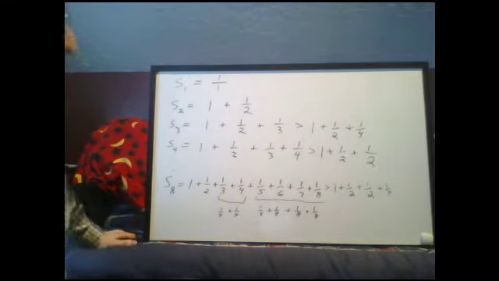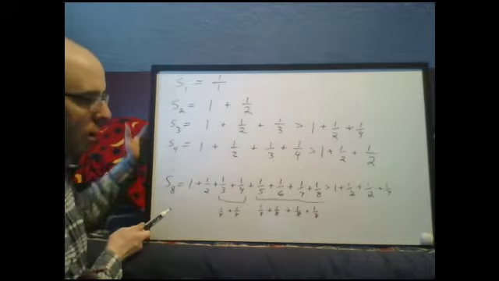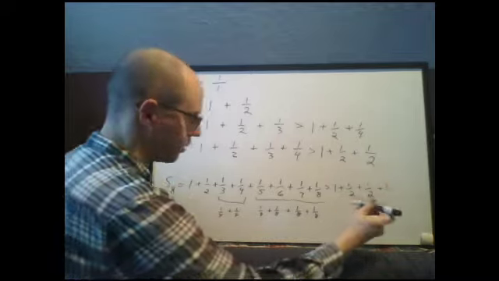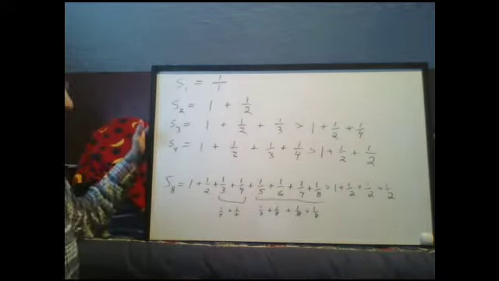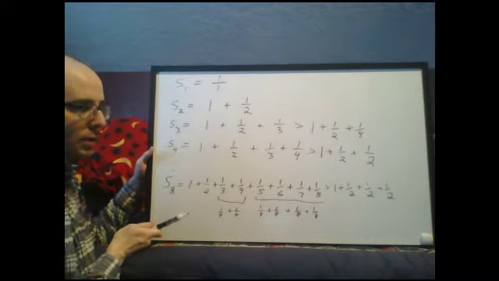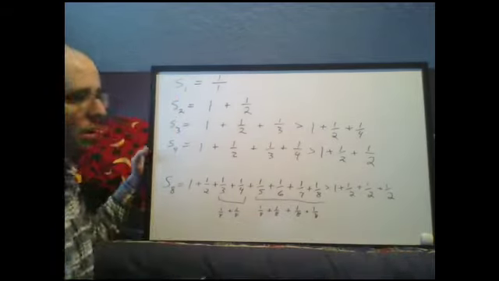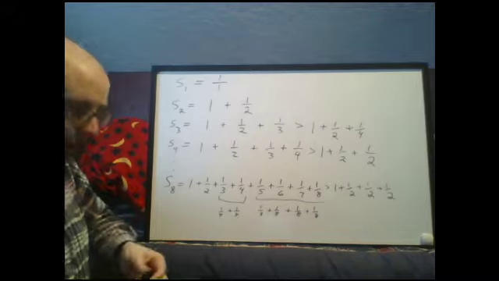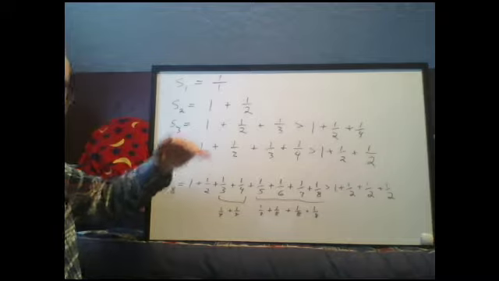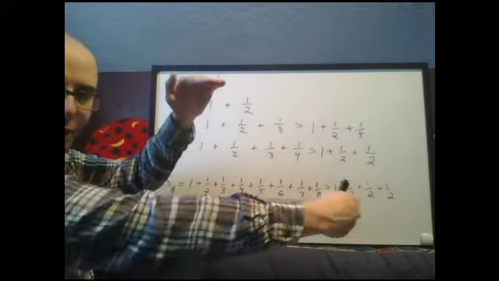And so what we can see is if I go far enough, I can get another 1/2 out of this, to make this bigger than another 1/2. And if I'm always able to add another 1/2, my sequence of partial sums are not going to level off. I can always increase my total by at least 1/2 if I go far enough out.